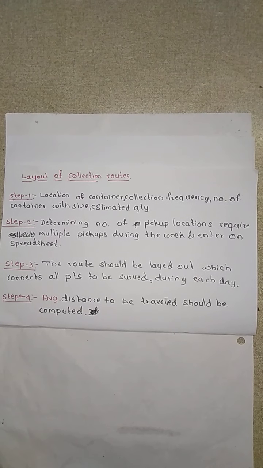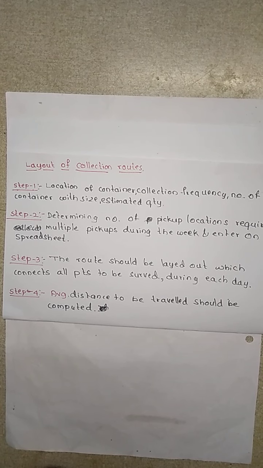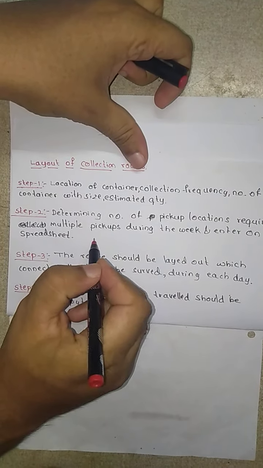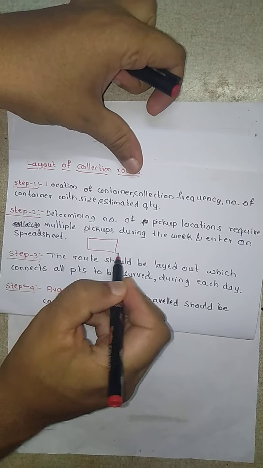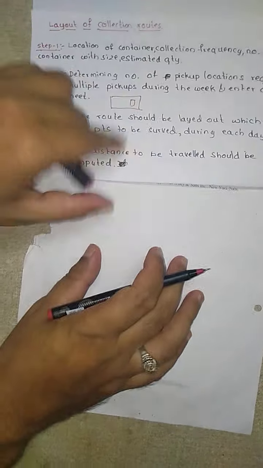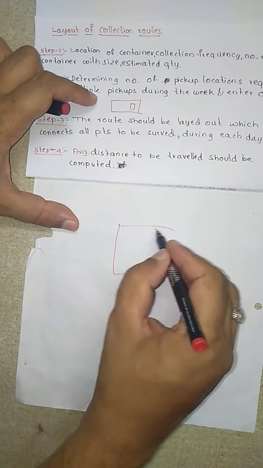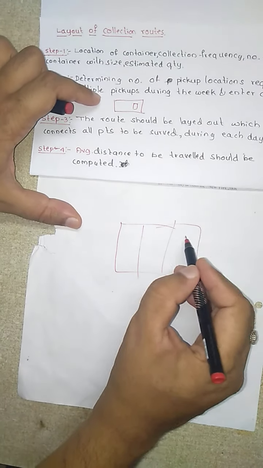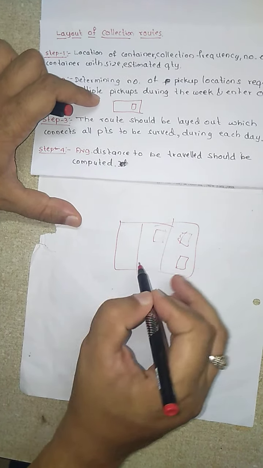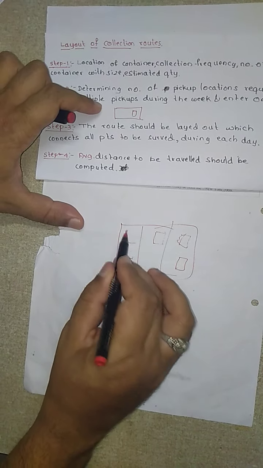In the third step, what it is saying is, on a large map we have different types of areas that we have divided. Suppose here one area, here one area, here one area, and here one area, or something like that.